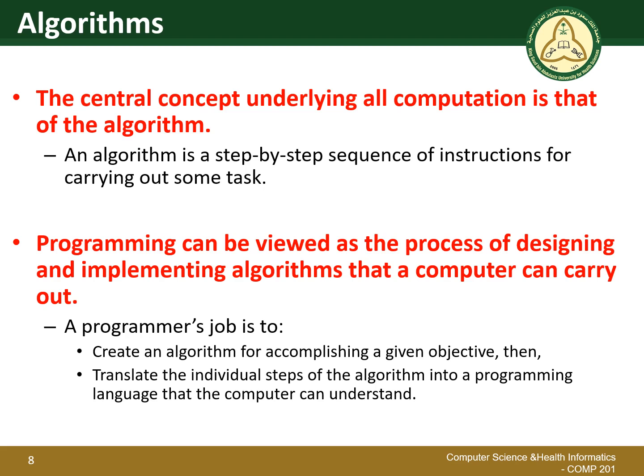So the programming process is the process of implementing an algorithm or algorithms. The programmer usually will create an algorithm to solve a problem by creating the flowchart and the pseudocode. Then translate this code into a programming language, usually a high-level programming language that can be translated into zeros and ones, a form that the computer can understand.